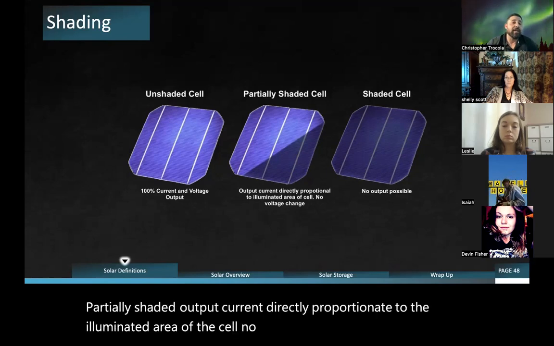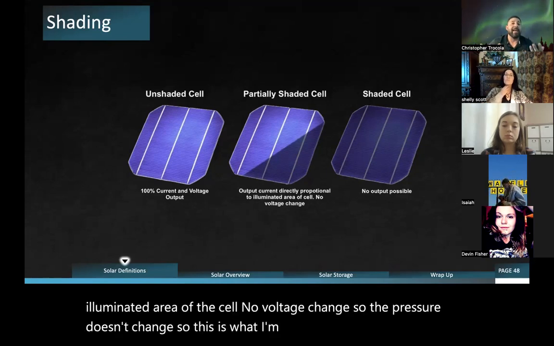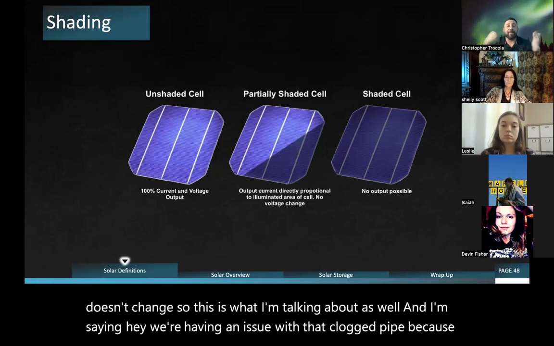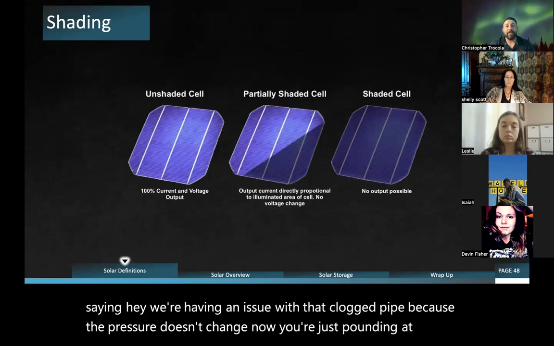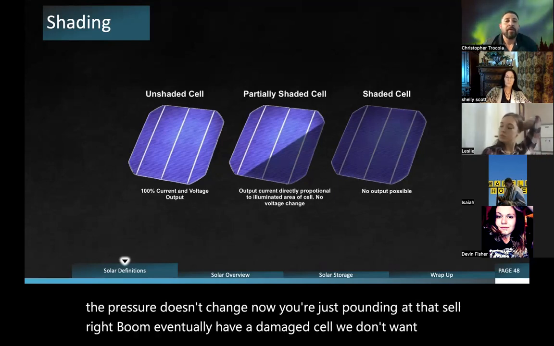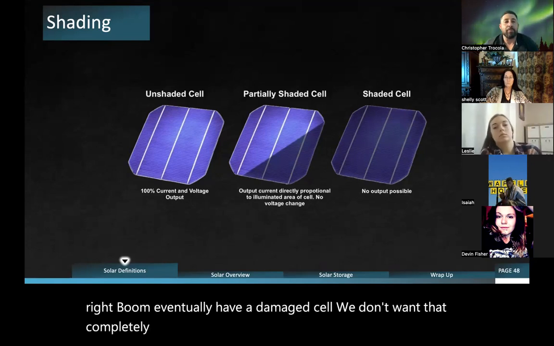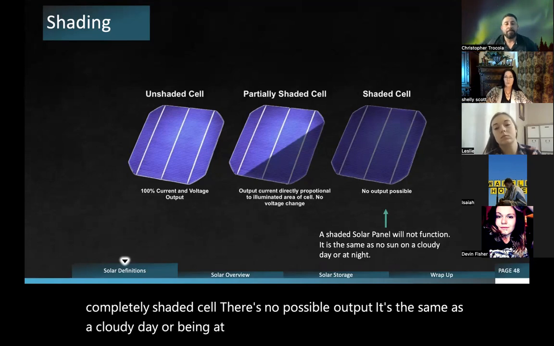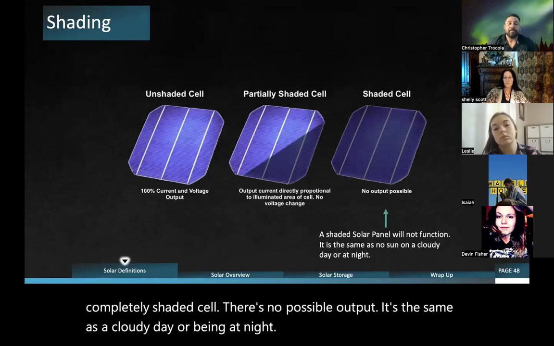So the pressure doesn't change. This is what I'm talking about when I'm saying we're having an issue with that clogged pipe, because the pressure doesn't change. So now you're just pounding at that cell, right? Boom. Eventually you have a damaged cell. We don't want that. Completely shaded cell is no possible output. It's the same as a cloudy day or being at night. Okay. That's all that is.